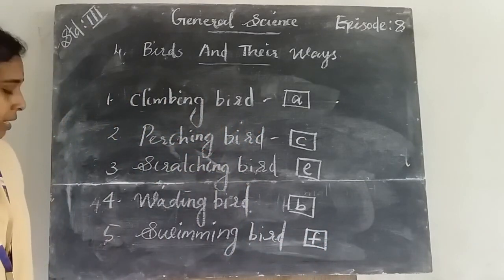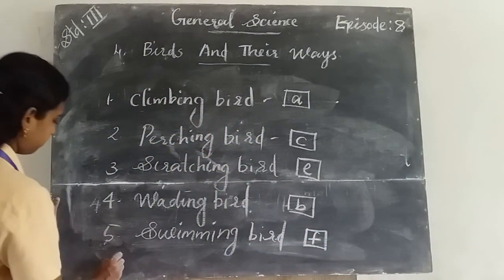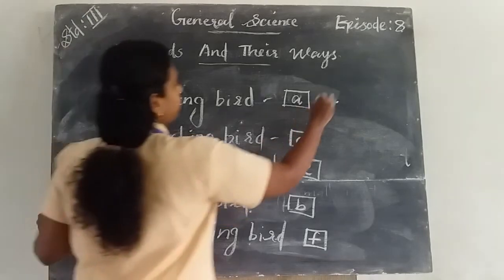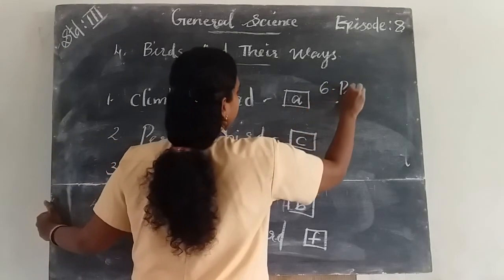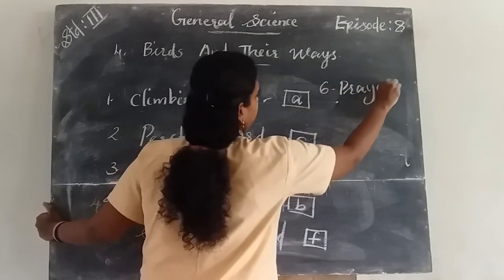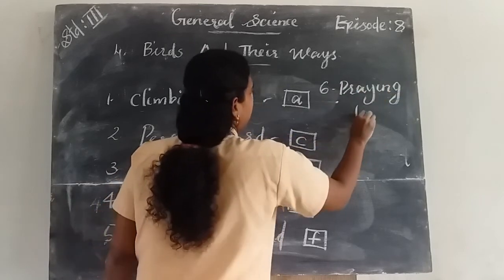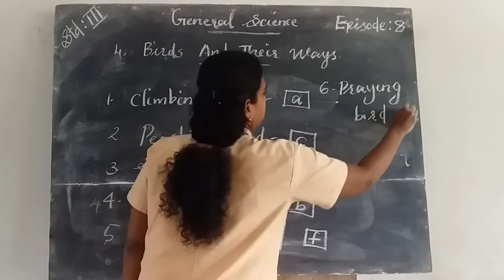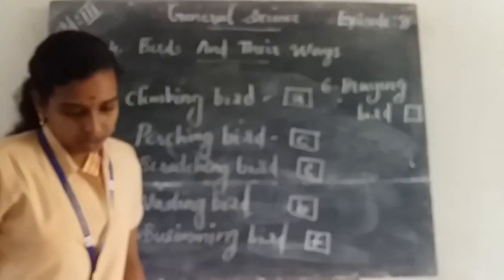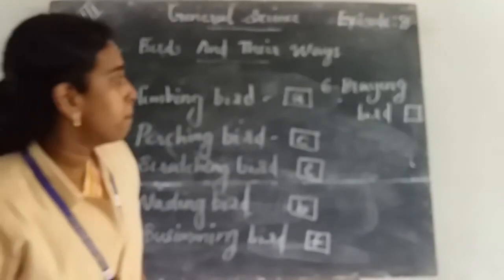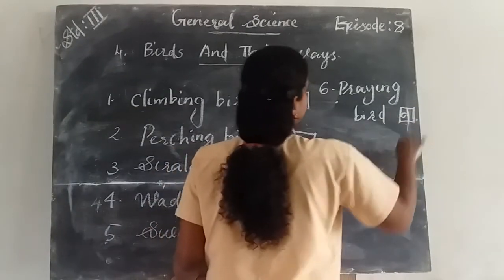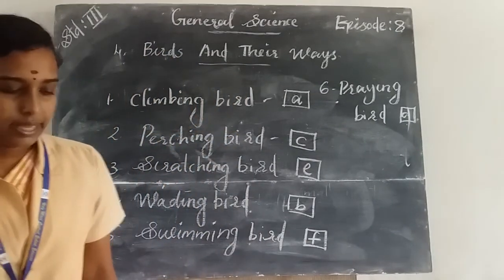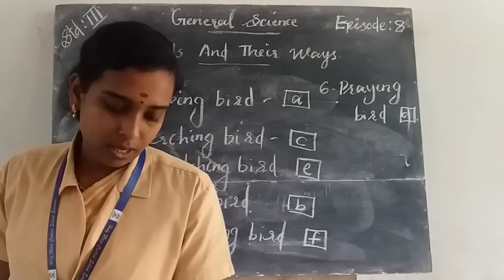F. Then sixth question, praying bird. So D is a praying bird. So write D in the given box.